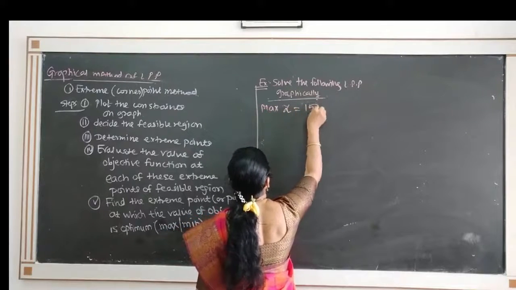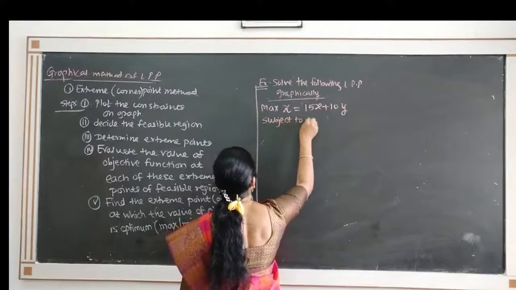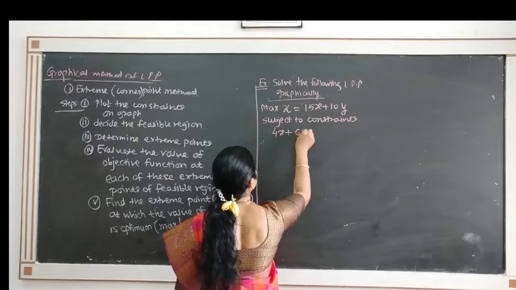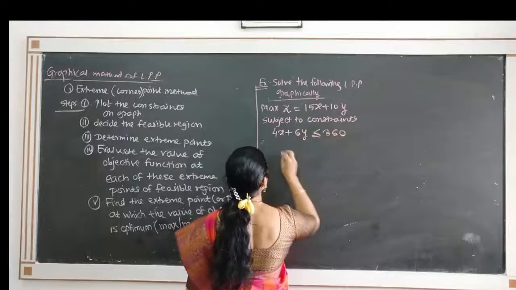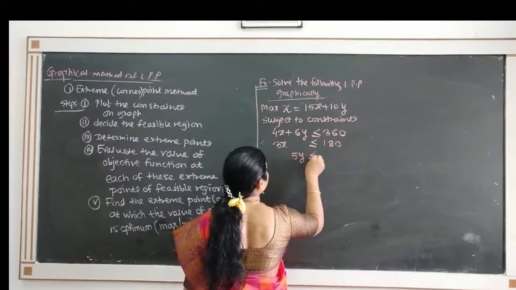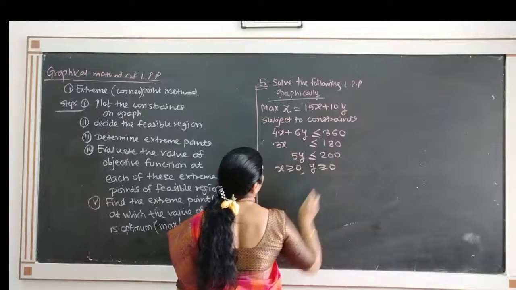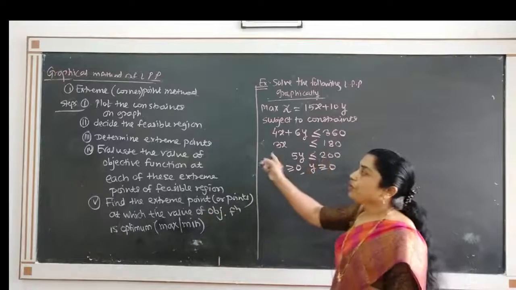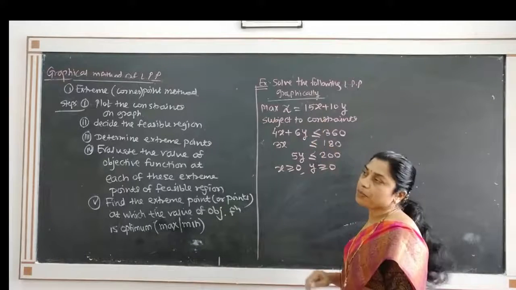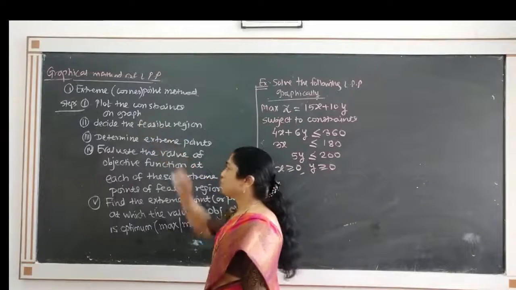Maximize z equals 15x plus 10y subject to constraints 4x plus 6y less than or equal to 360, 3x less than or equal to 180, 5y less than or equal to 200, x greater than or equal to 0, y greater than or equal to 0. We are going to use the first method, that is the corner point method, to solve this LPP graphically. What is our first step? Plot the constraints on the graph.